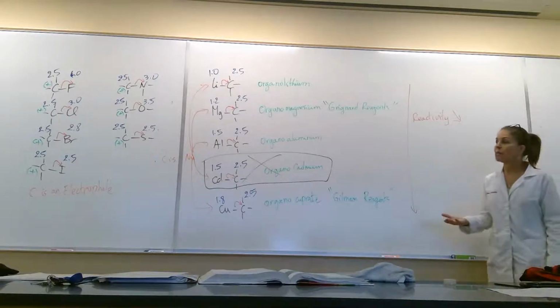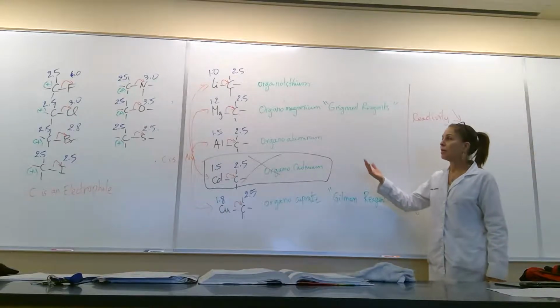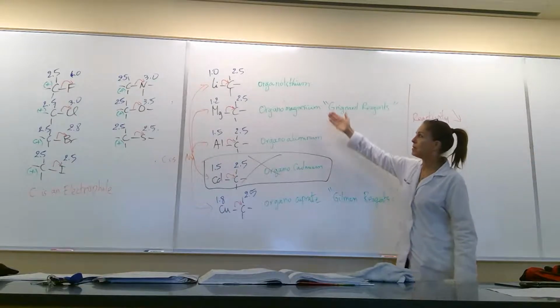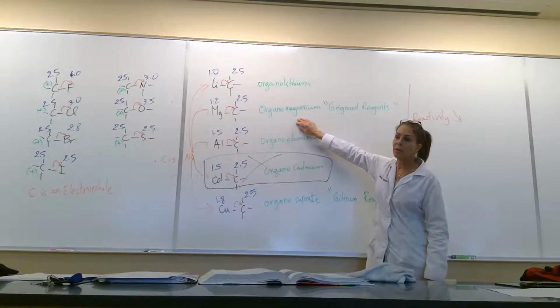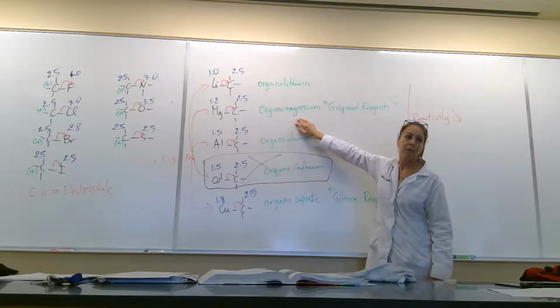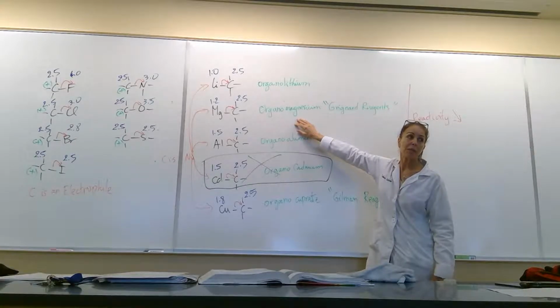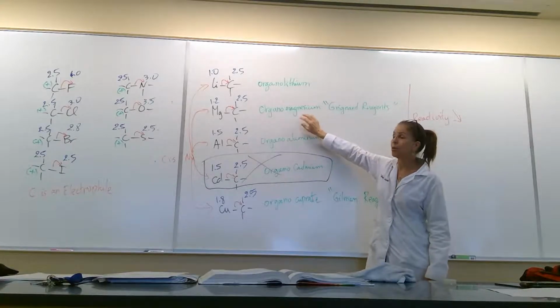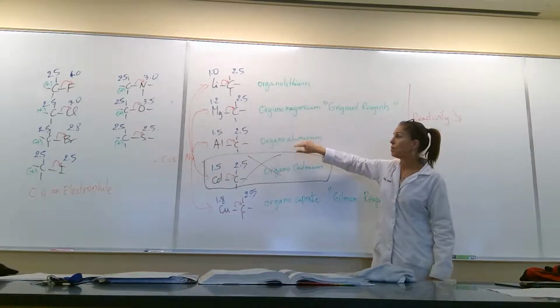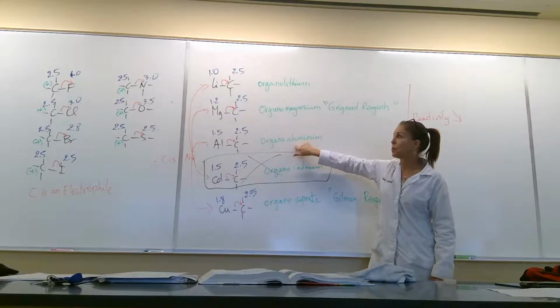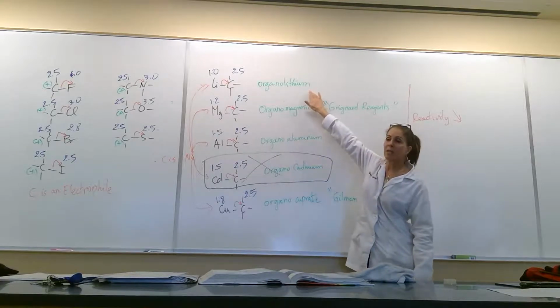So what if I want something that's not this much, but it's not like magnesium, and you'll see why the Grignard are really a pain. They're very hard to work with, and you have a lab next week on this. So we try to avoid these because they're hard to work with. But I can't use this because this is more reactive, and I can't use this because it's too reactive.